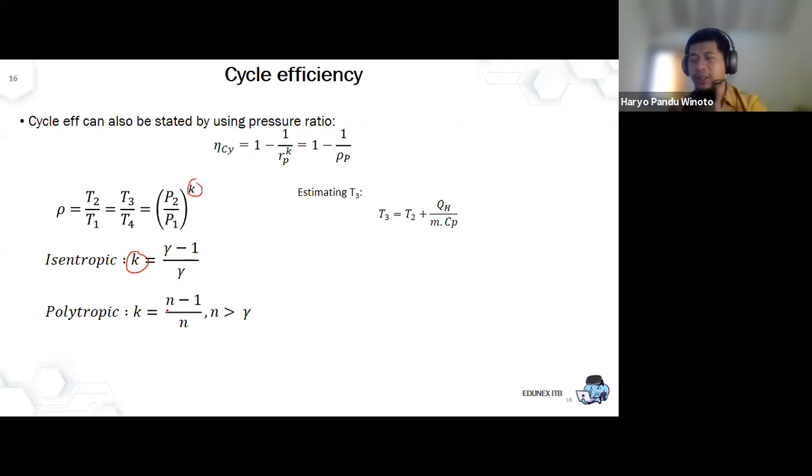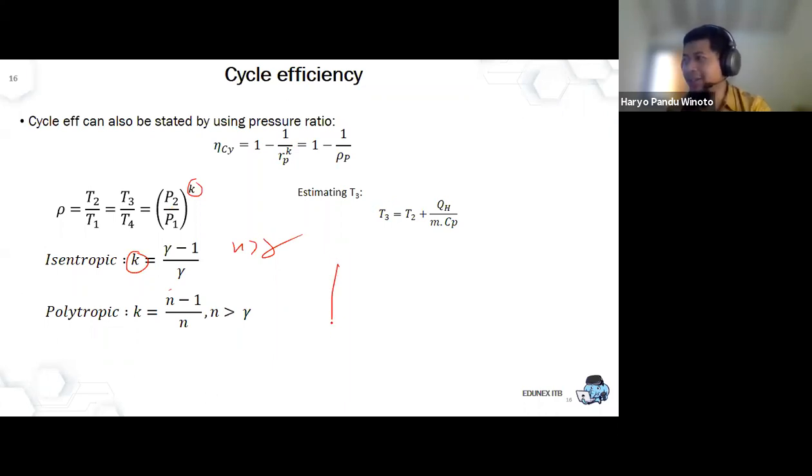But when you have polytropic, it's going to be like this. Here n is always bigger than gamma. Now we can also estimate the T3, in order to find the NCP delta T. How?